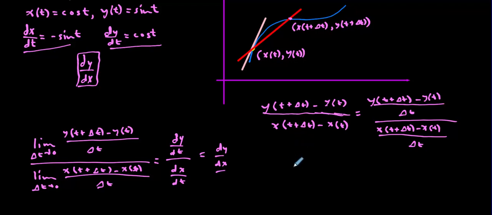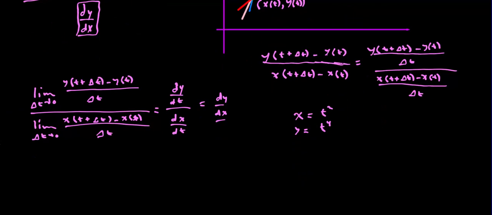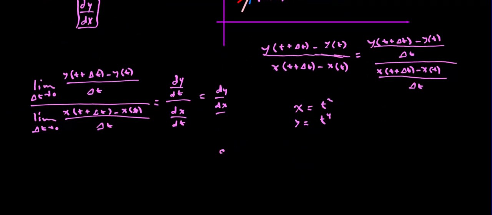Let's suppose that we've got a set of parametric equations. Let's say x is equal to t squared and y is equal to t to the fourth. So we've got these parametric equations defining a curve. Now, what we want to do is find the slope of the tangent, dy dx.